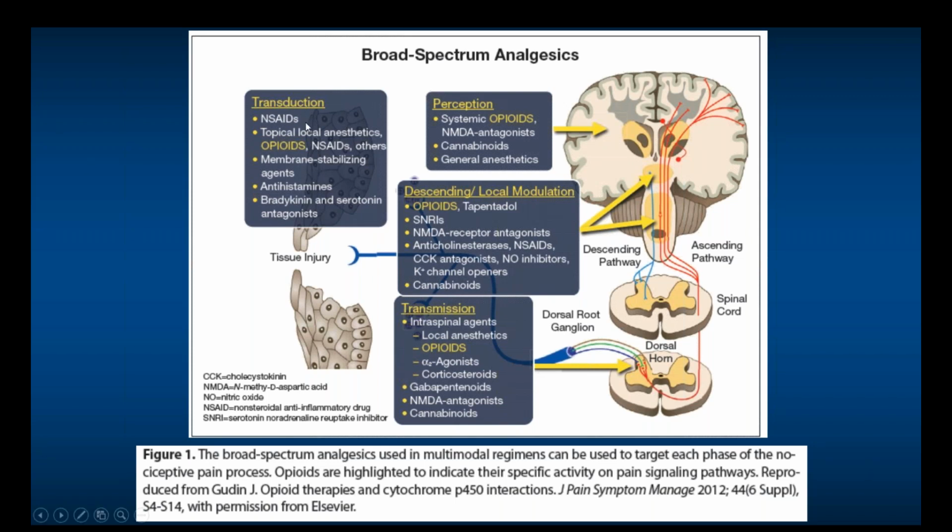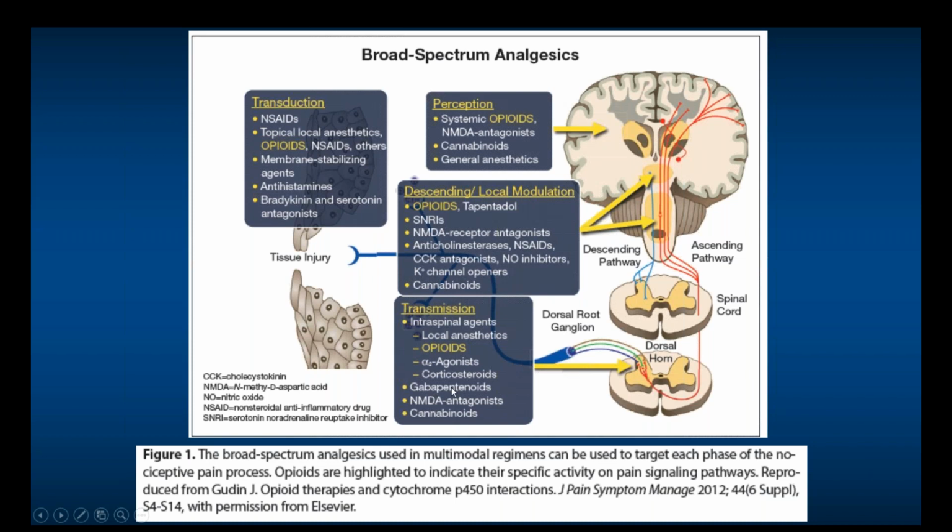So you can see those analgesics that interfere with transduction and those analgesics that interfere with transmission. And remember, transmission was the propagation of an electrical impulse that was conducted along the nerves that goes to the dorsal horn.